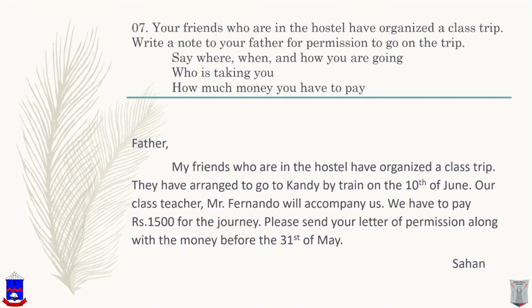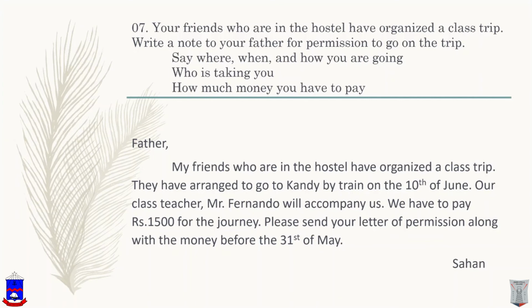So they have arranged to go to Kandy by train on the 10th of June. So this sentence answers where, when, and how you are going. Where, to Kandy, when, on the 10th, and how, by train.